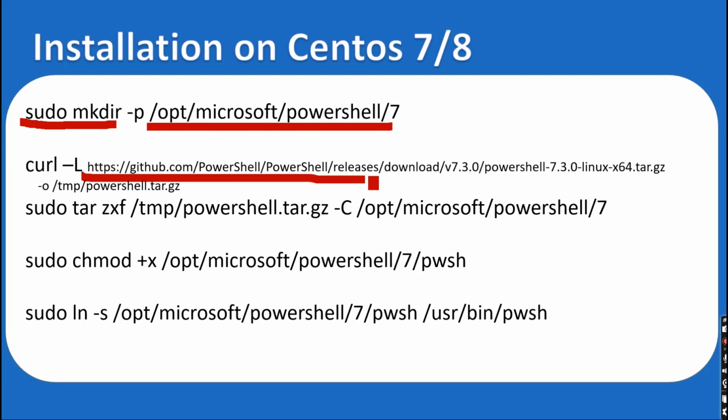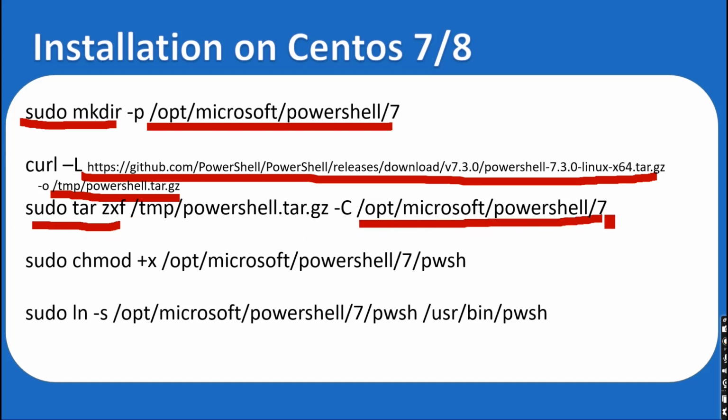This is the URL through which you can download, and this is the path where you will save the archives. And then you have to extract. So this is the command through which you can extract at this location. And third, you have to give execution permission to this file.